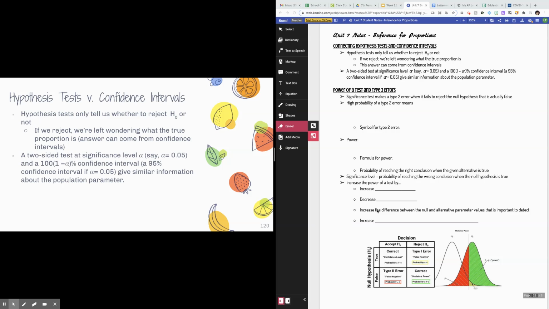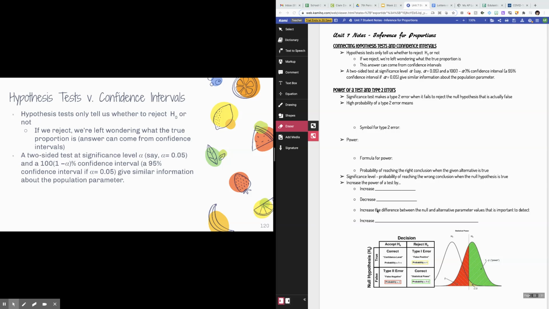So what confidence intervals are helpful for is to give us an idea of what that proportion could be, because confidence intervals give you a plausible range of values for your true value.